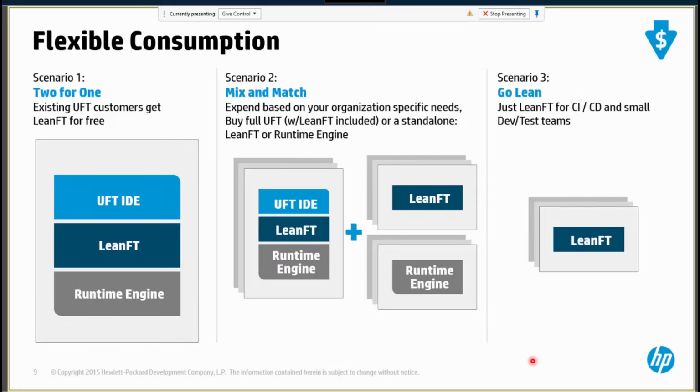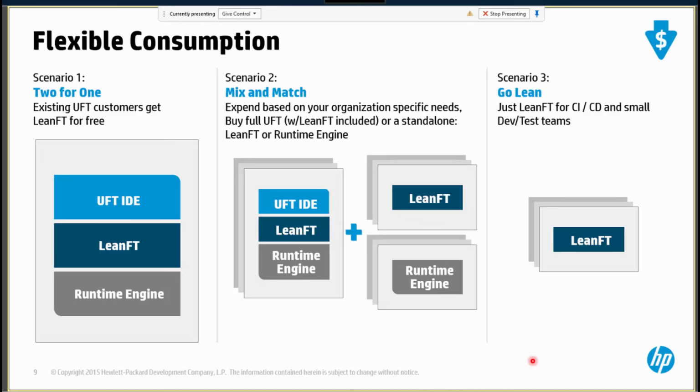All right. So I just built this slide out. Normally I talk about licenses at the end, but because of LeanFT's flexibility, I like to talk about it now. If you have a UFT license, which is a full functional test license, so you have GUI and API capabilities, then you get LeanFT for free.